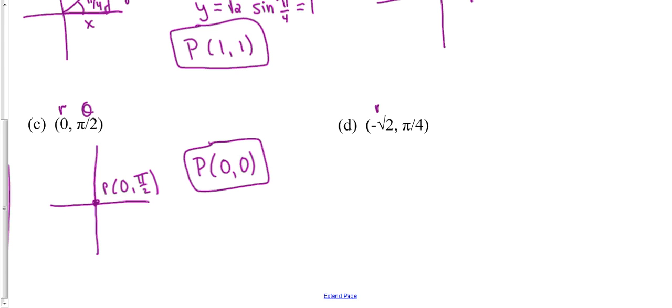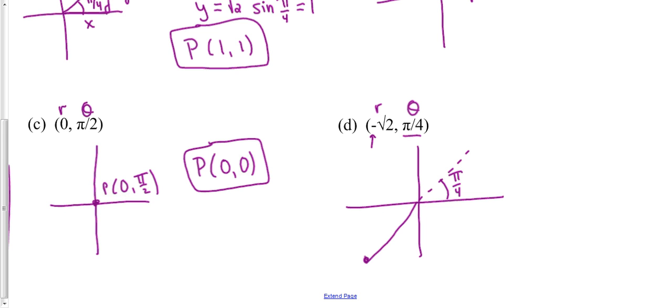And again, this is my r and this is my theta. And that negative sign with the r means that r is going to be in the exact opposite direction of whatever this angle is. So if I plot this, I want to know that this is going to be pi over 4, but then that negative sign tells me that my point is actually going to be over here.